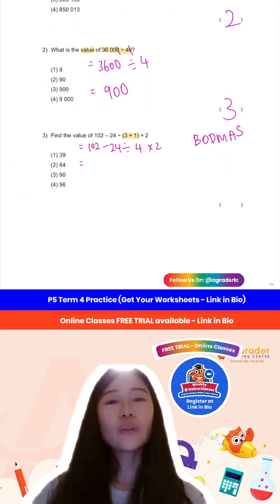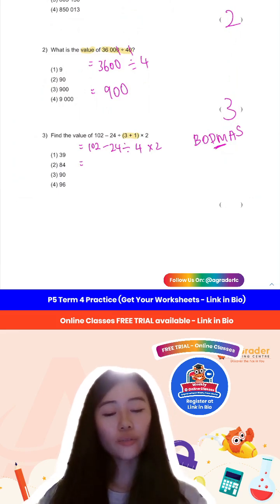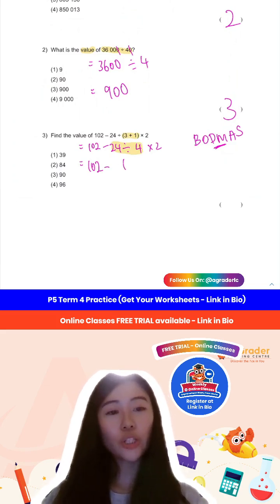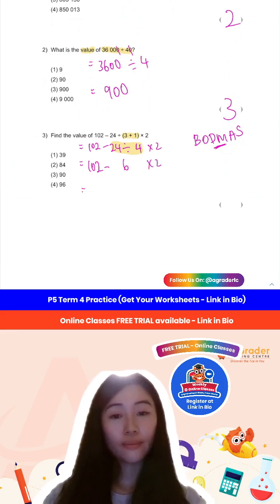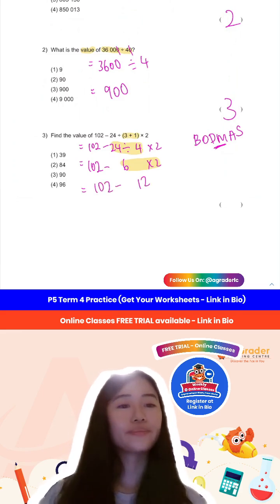Okay, so we're done with the brackets. Then next, I will do the division and multiplication. Over here, the division comes first. So you will use 24 divided by 4, which is 6. After which, you still have a multiplication over here. So that is going to be 6 times 2, which is 12.